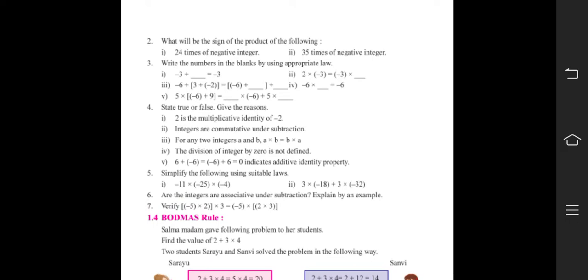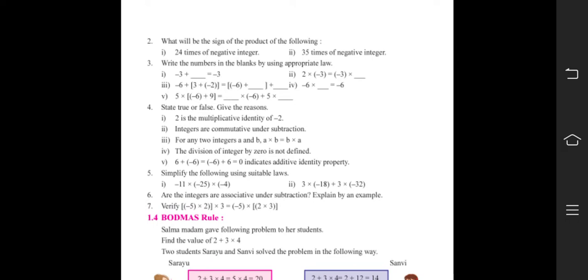Here the first question is 24 times a negative integer. 24 is an even number, so what is the product now? It is a positive integer. The product is positive.